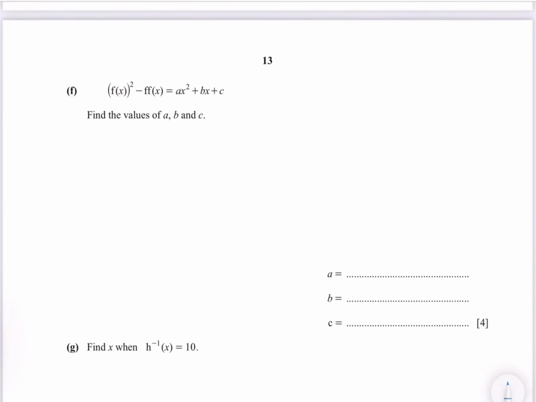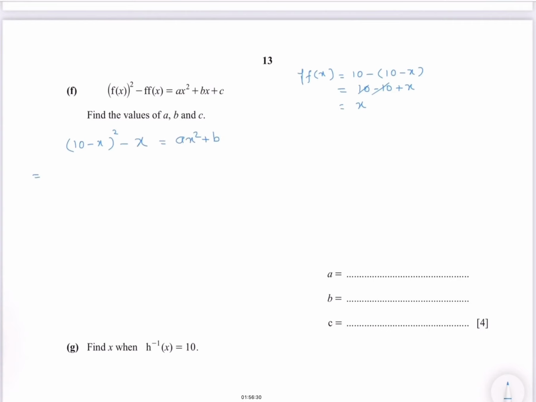f of x whole square minus f of x is equal to ax square plus bx plus c, and we have to find the values of a, b and c. So f of x whole square: f of x is given, you square it. (10 minus x) whole square minus f of f of x. So find f of f of x. It means in the function of f, you place the same function in x, like 10 minus (10 minus x).